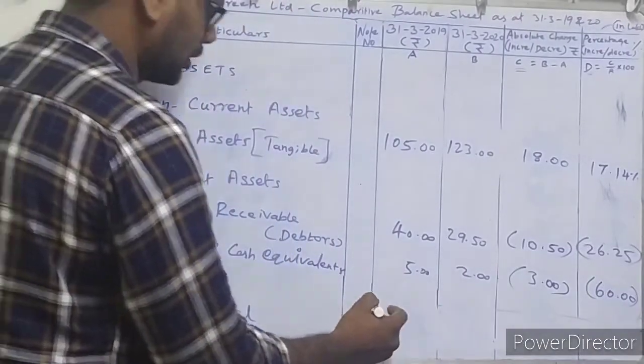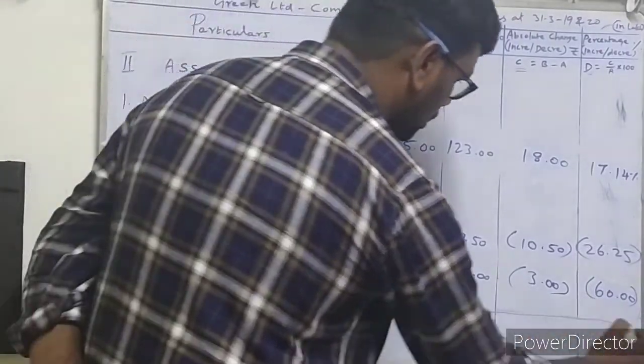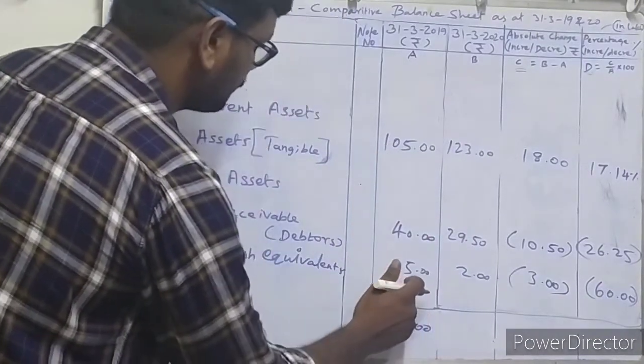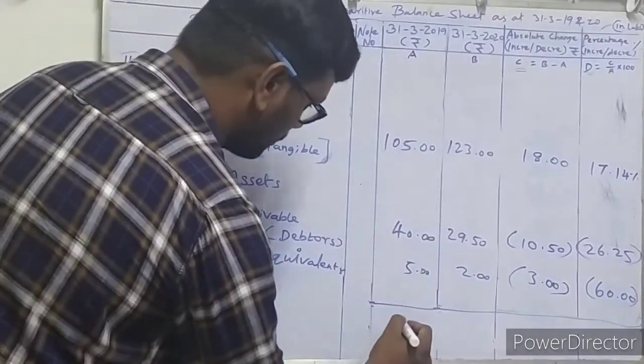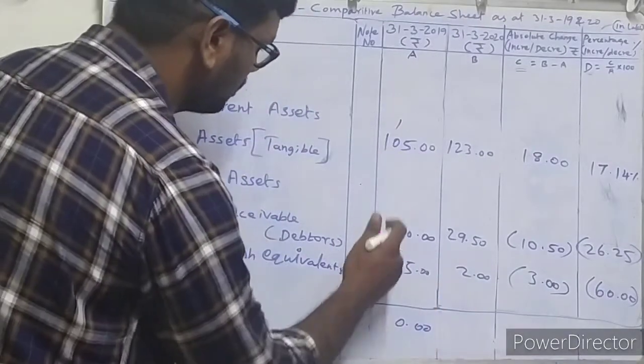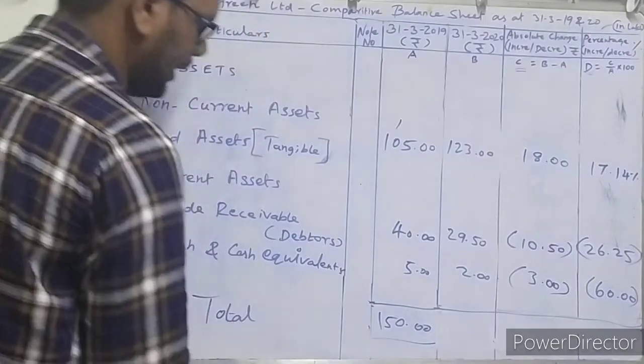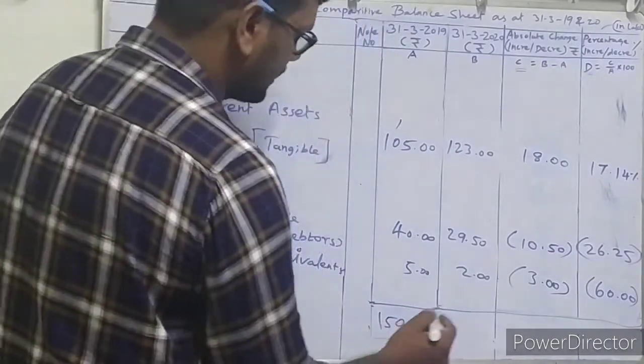Now we are going to total all those things. 0, 0, 5 plus 5, 10, 0, 1, 5 and 1: 1 crore and 50 lakhs, or 150 lakhs.